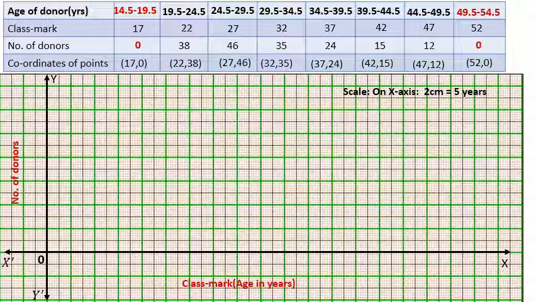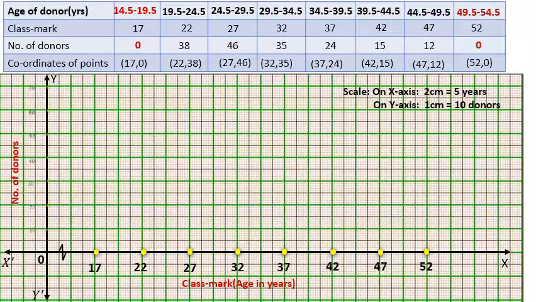So on the X axis we have taken the scale as 2 cm is equal to 5 years because the class width here is 5. A kink mark is shown before the first class mark to denote that there are no observations up to 17. On the Y axis we have taken the scale as 1 cm is equal to 10 donors.